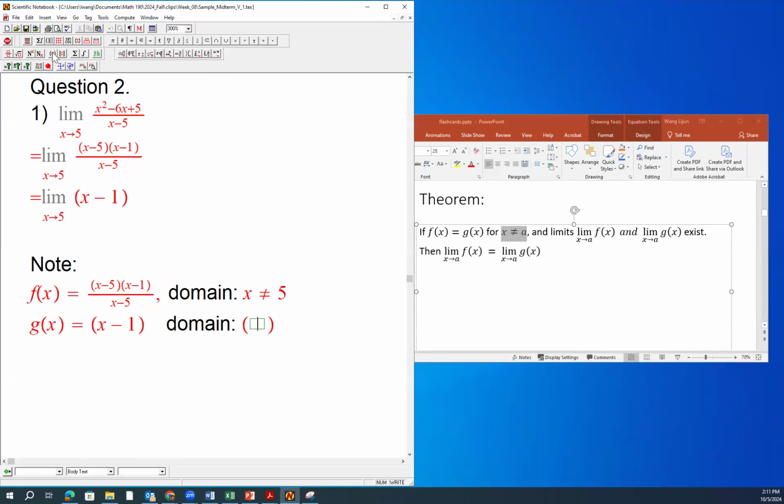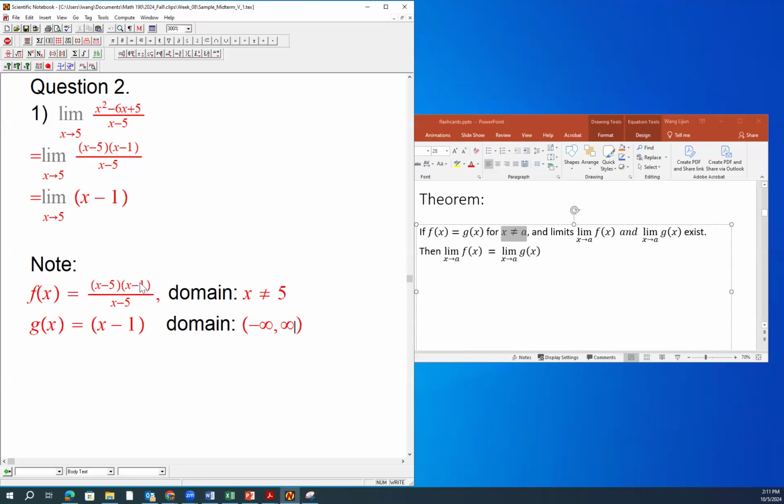So these are two different functions, even though one reduces to the other, but under the condition that x cannot be 5. That's what I was talking about.